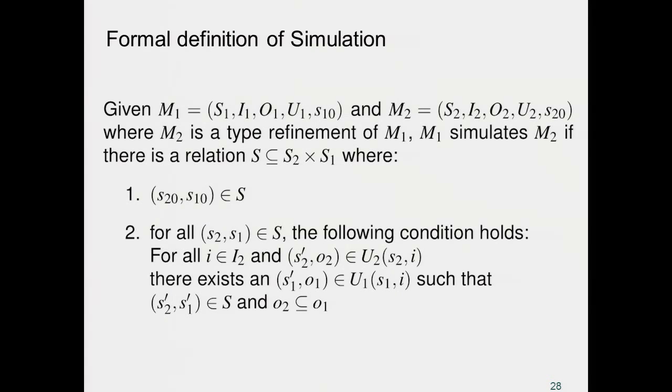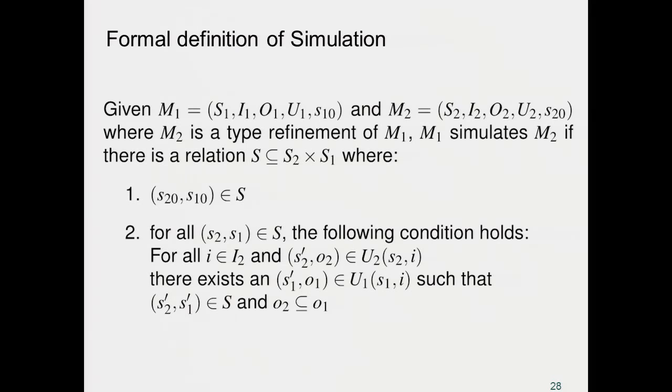So it's a set. That is the reason why we indicate it with U1 and not, for example, F1, which would be the function that, given a state and an input, gives me the next state and the output. So it's a relation, so it can be multiple.